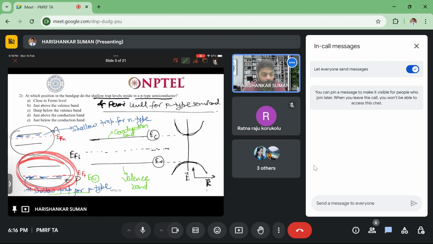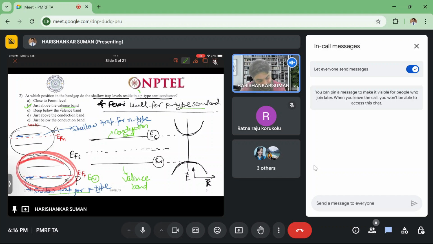So the answer is just above the valence band for P type. Okay. A question on the Fermi level: you can see it is also near the valence band for P type.